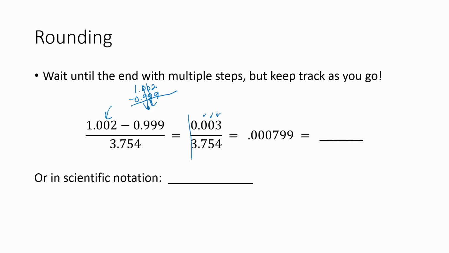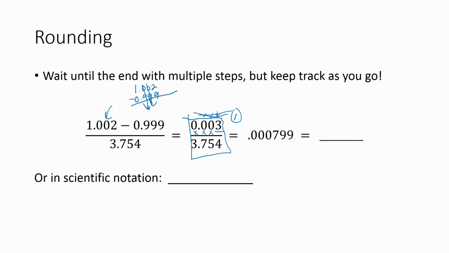But now we're about to divide. We forget all about this stuff for right now and just say, well, that 3 is significant, but the way this is set up, I do not have any significance to these numbers. So when I divide, now I'm not going by columns anymore or by number of decimal places like I was with the subtraction. Now I'm going with just the number of digits that are significant that are present.